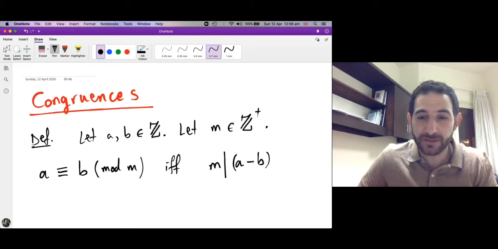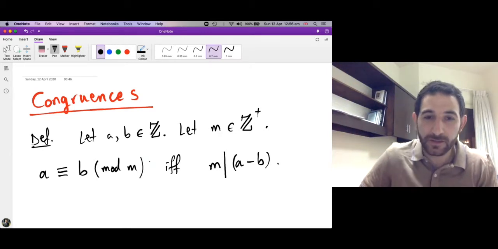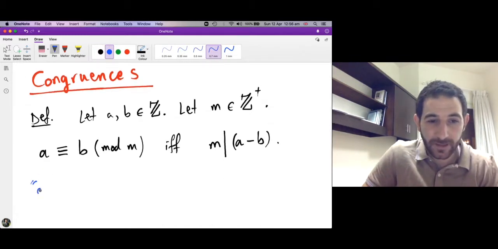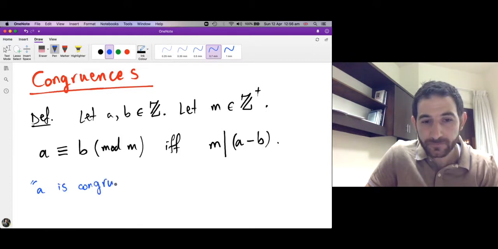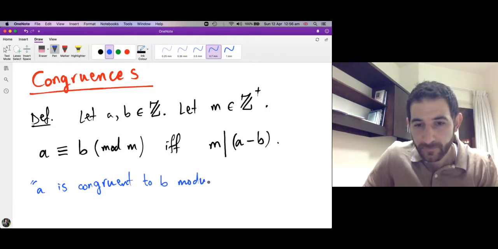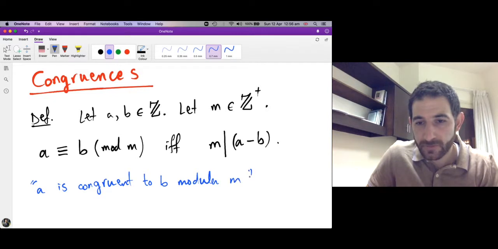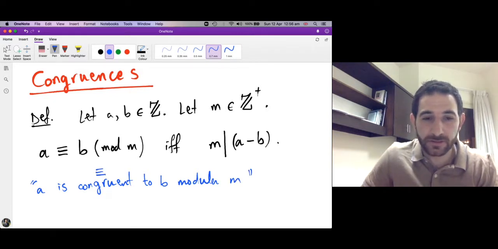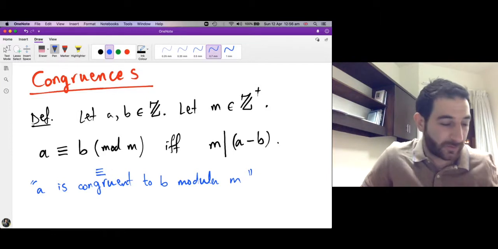So m divides a minus b. This is read as a is congruent to b modulo m. This is the symbol for congruent.